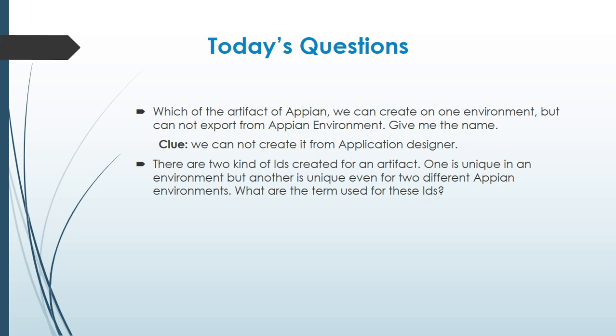My second question is: there are two different kinds of IDs created for an artifact. One is unique in an environment, but another is unique even across two different environments. What are the terms used for these IDs?